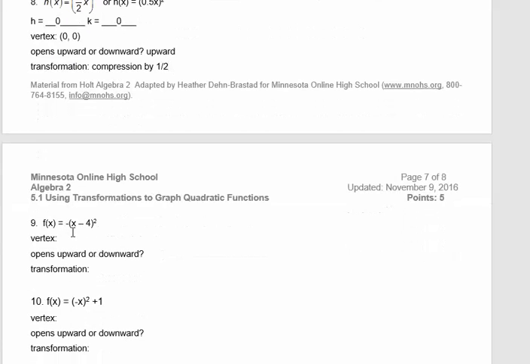If you have a negative in front of the x squared part, then there is a reflection about the x-axis, as in number 9. This one also has a translation to the right 4 units, because the number that is being subtracted from x is 4.